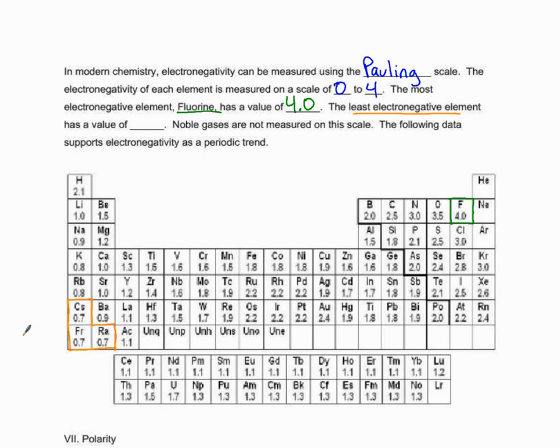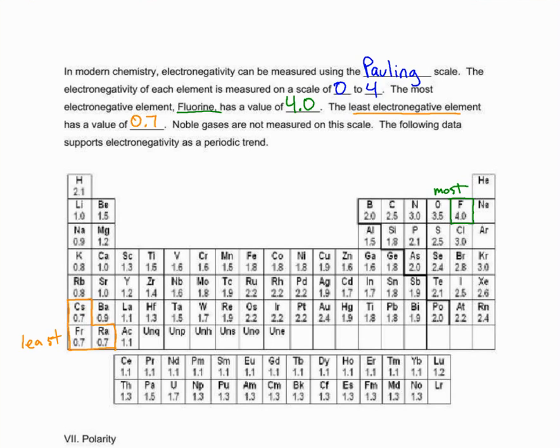I need to label these. These have a value of 0.7. So the scale goes from 0 to 4, but we don't actually ever hit 0 because at some point everything is willing to attract electrons to some degree.